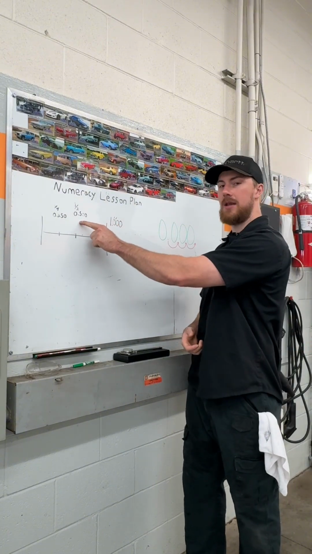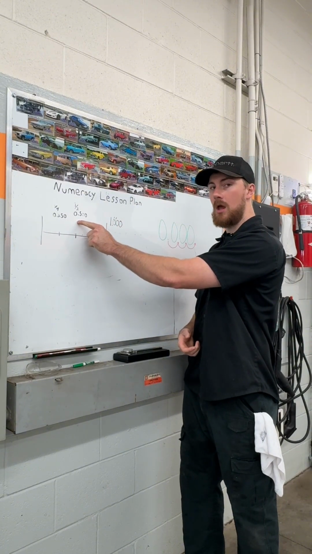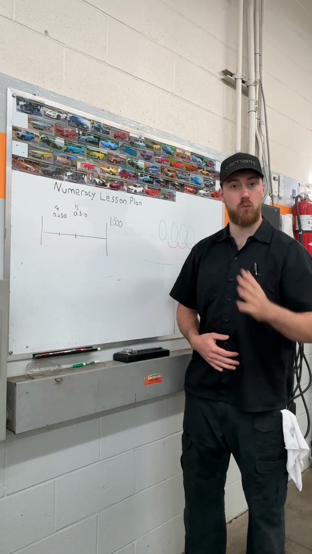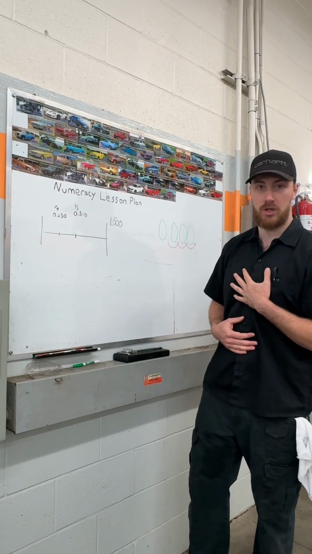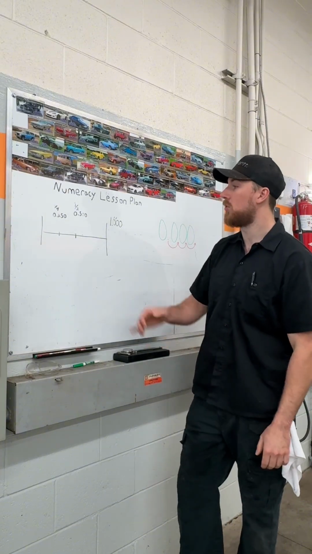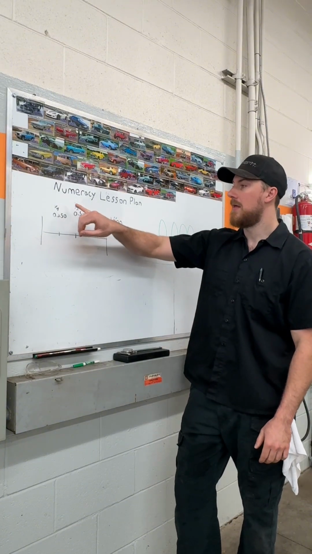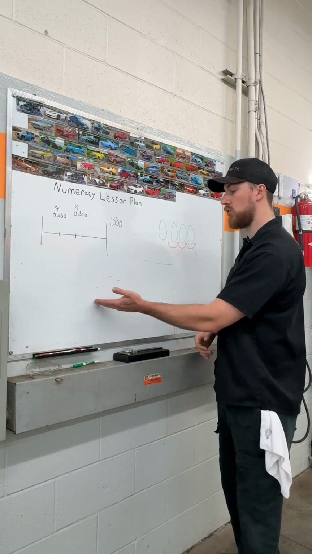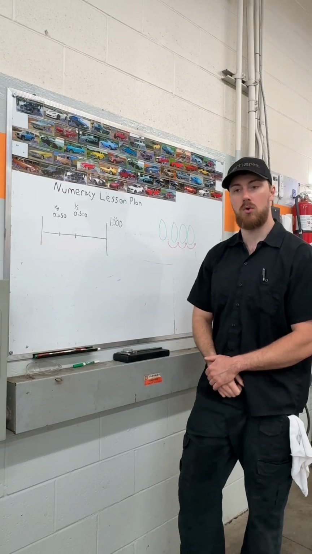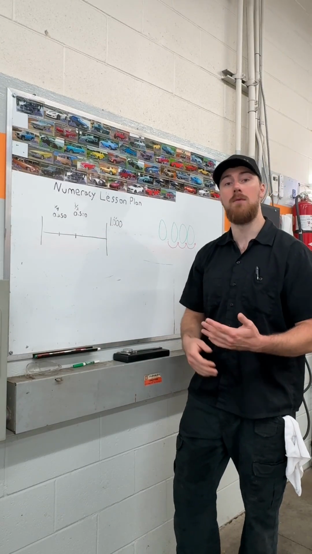What does that number mean? I'm not an engineer, I don't write blueprints, and I have no idea what service information is going to look like to me. I need to be able to read different values fractionally and as a decimal, and I need to be able to write out the numerical written version of that.